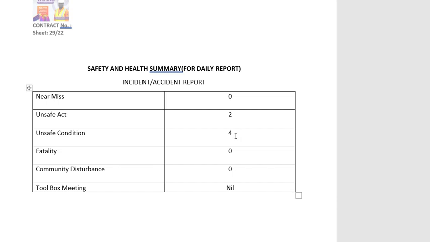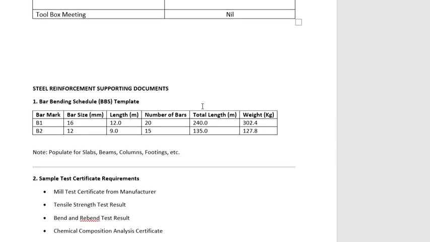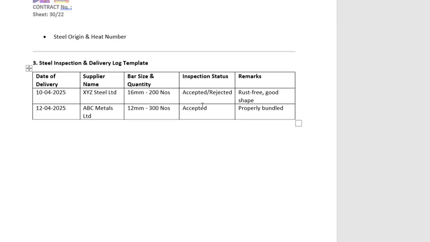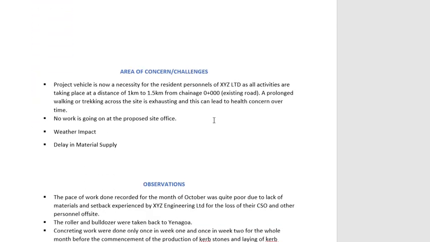All those hazardous conditions that you see on site, state them. Fatality, and if there are community disturbances on the project, state them. So this is your HSE performance documentation. It must be captured in your technical report writing.